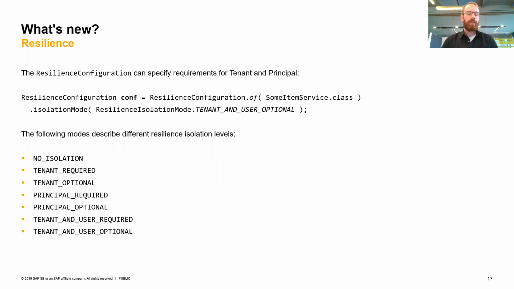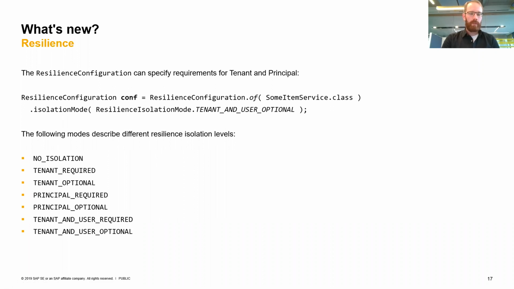What we do now internally is expect everywhere that a tenant and user are optional. So if it's there, then it's used for resilience and caching. If it's not there, then we don't use it. So it really depends on the configuration of your application there. And this can also be directly used and seen by you if you use the resilience configuration, and there you have the options that are available to you.